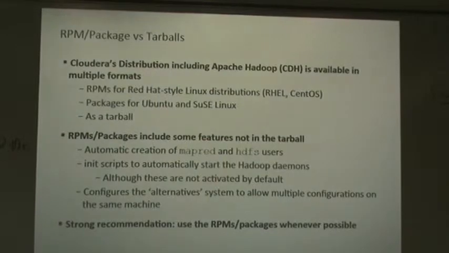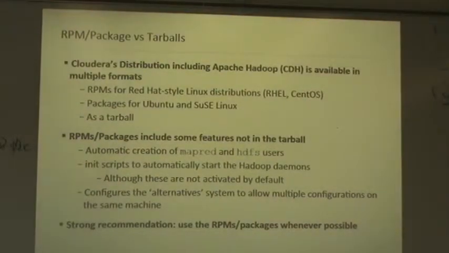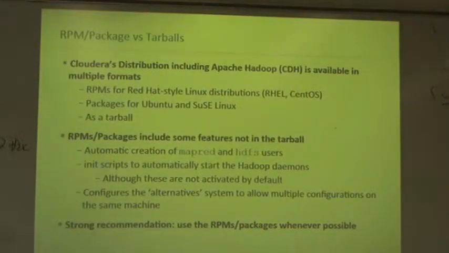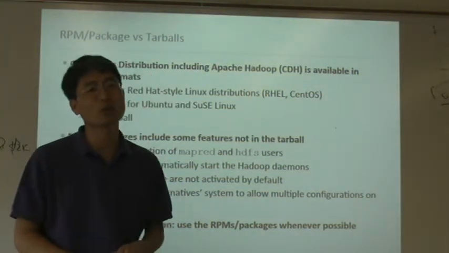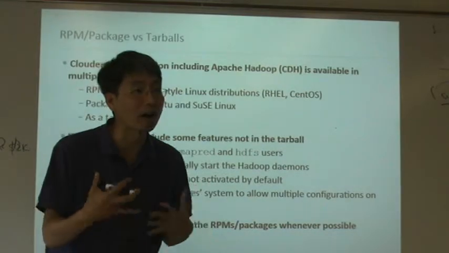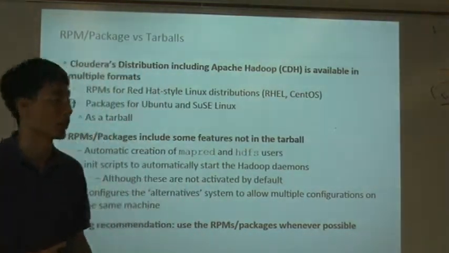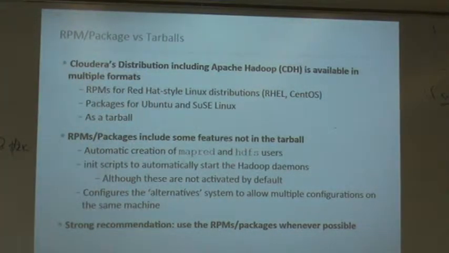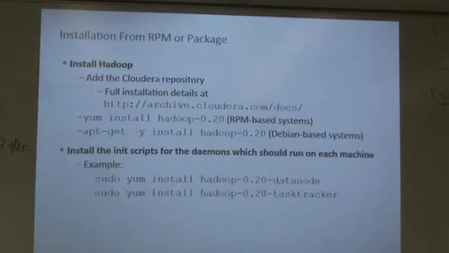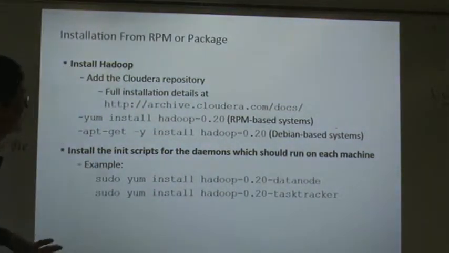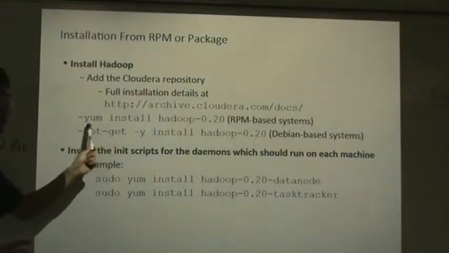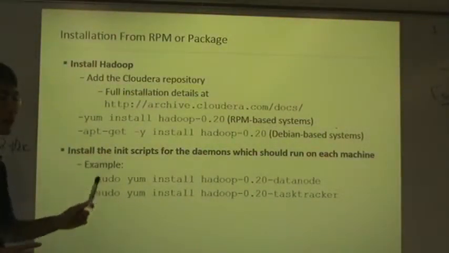However, if you want to build a real production system, the RPM or package version is precompiled for a specific hardware and operating system. It is recommended. So, for example, if you decide to use the Cloudera CDH version, you can go to the archive, or you can use yum, or apt-get, and so on.